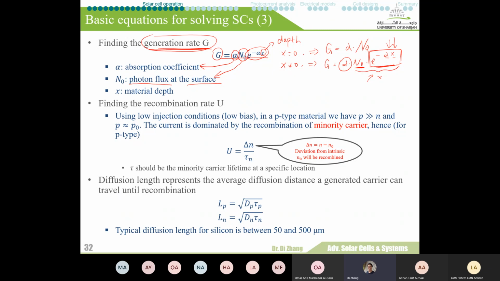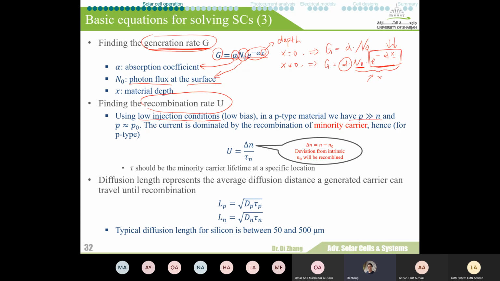Now the second parameter is to find how many electrons and holes will be recombined in a certain space volume. That is finding the recombination rate, capital U here. Using some assumptions, which I'm not going into detail on, we have to use so-called low injection conditions, and assume a couple of things for p-type and n-type material.